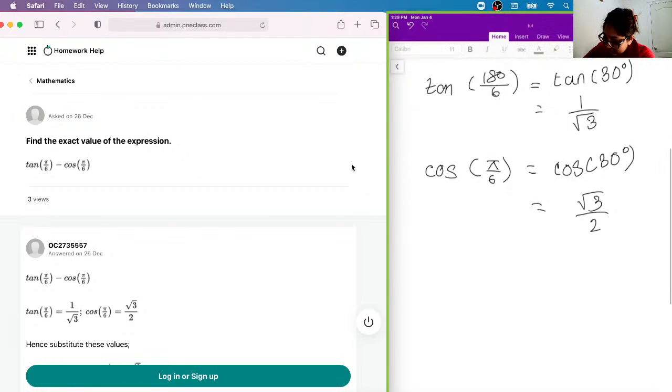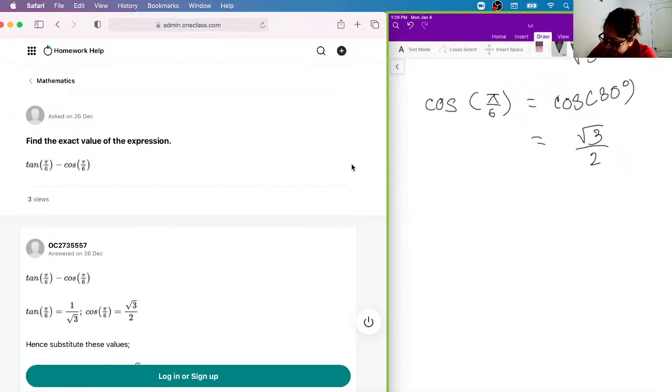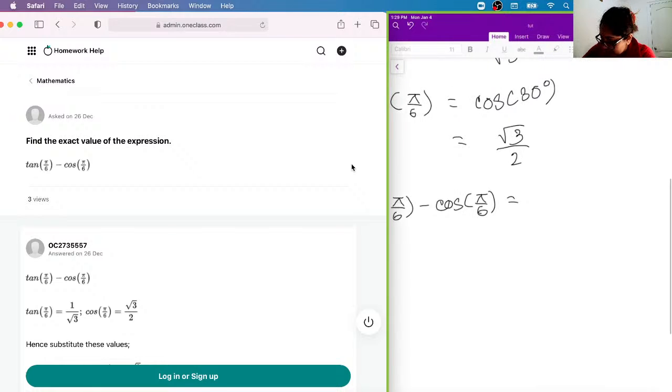And so now since we found our fractions, we can evaluate by substituting into the equation. So we have tan pi over 6 minus cos pi over 6, and this is equal to, for tan, we had 1 over root 3, and for cos, we had root 3 over 2.